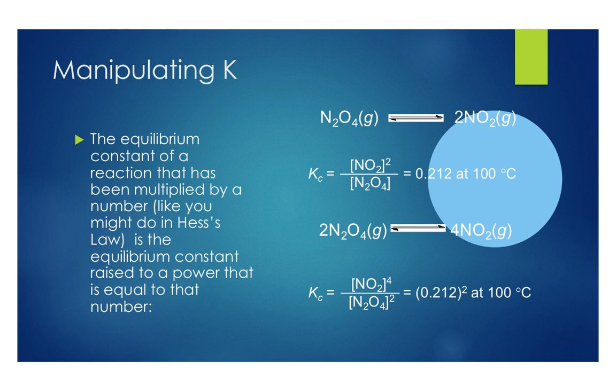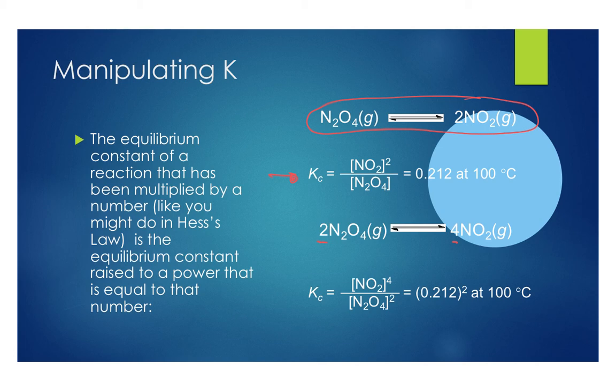The second thing is that when a reaction has been multiplied by a number, like you might do in Hess's law, the new equilibrium constant is the original equilibrium constant raised to a power equal to that number. So for example, here is our forward reaction equation, and here's our equilibrium expression for that forward equation. Let's say we double the coefficients, like we might have to do if we're doing Hess's law and adding different reactions.